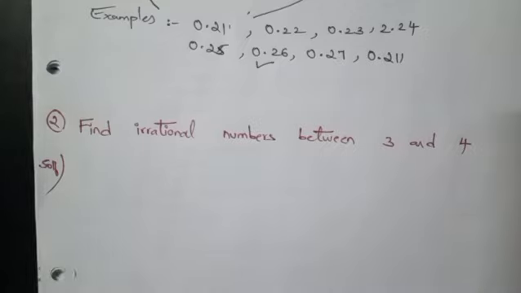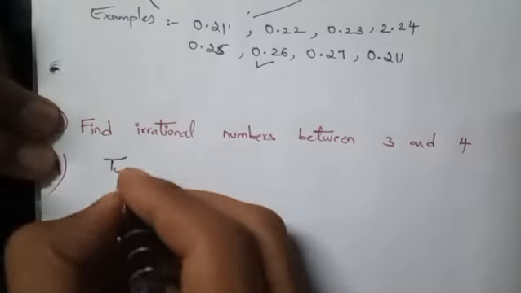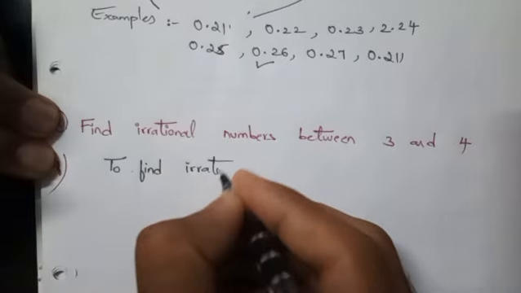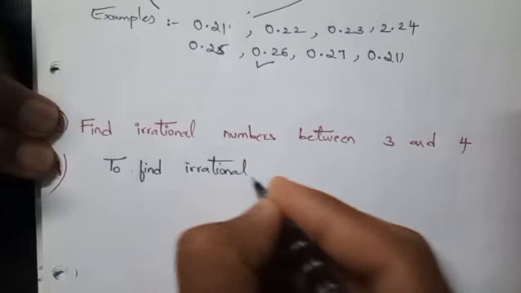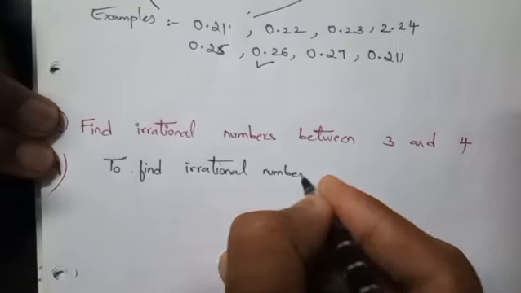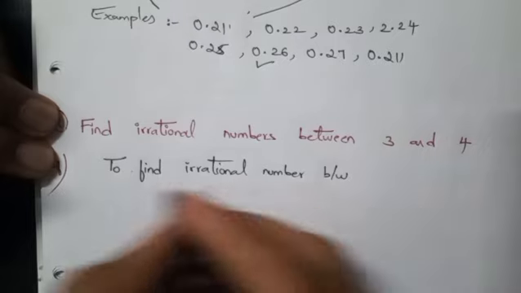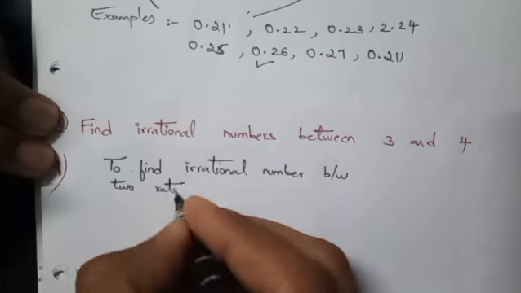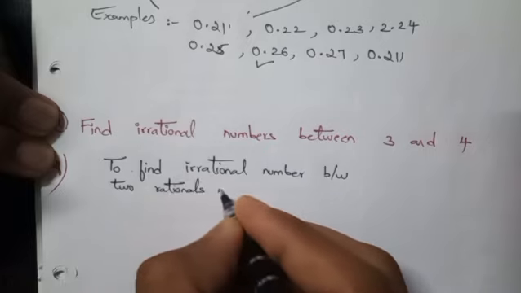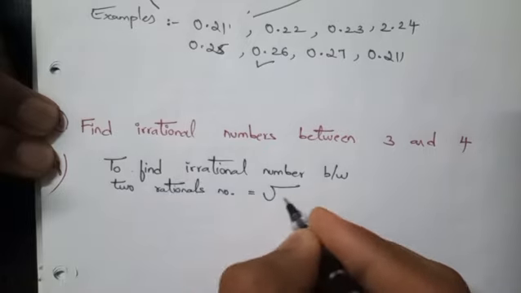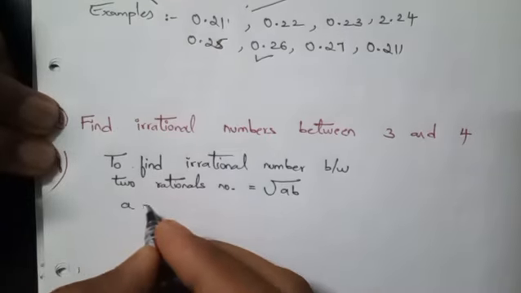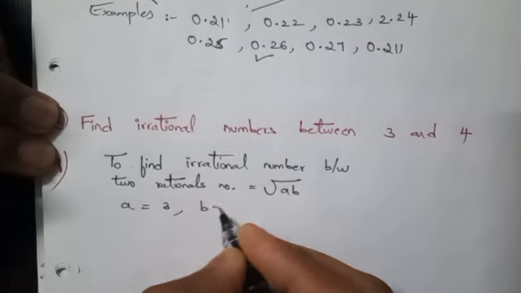So you have to use one formula to find an irrational number between two rational numbers. There is a formula called root AB. In this example, what is A? 3. What is B? 4.